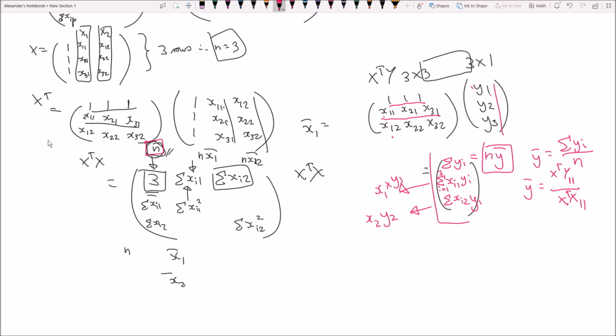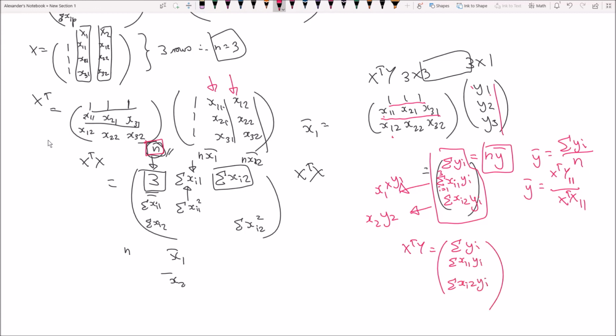So these are all of the things that are involved in calculating the entries for X transpose Y. So for X transpose Y, if we have 3 samples, or a regression model that always has two features, X1 and X2, a multiple linear regression model with X1 and X2 being the features, then we're going to have the summation of Yi, the summation of Xi1 Yi, and the summation of Xi2 Yi.